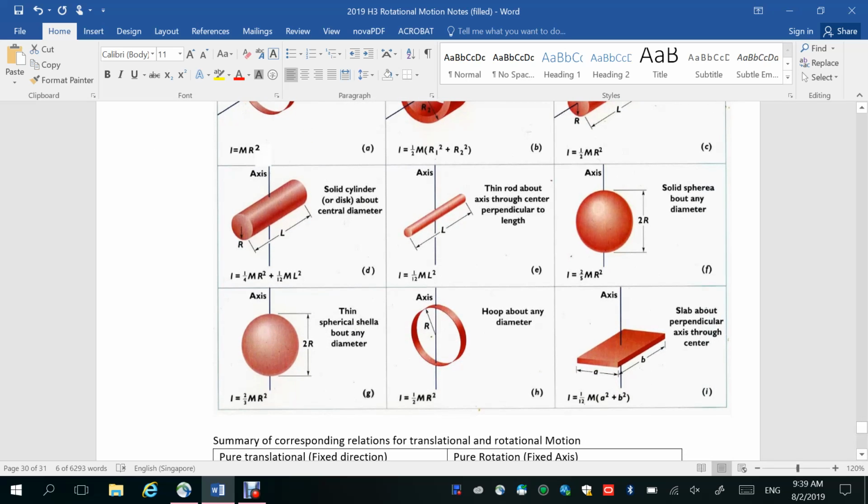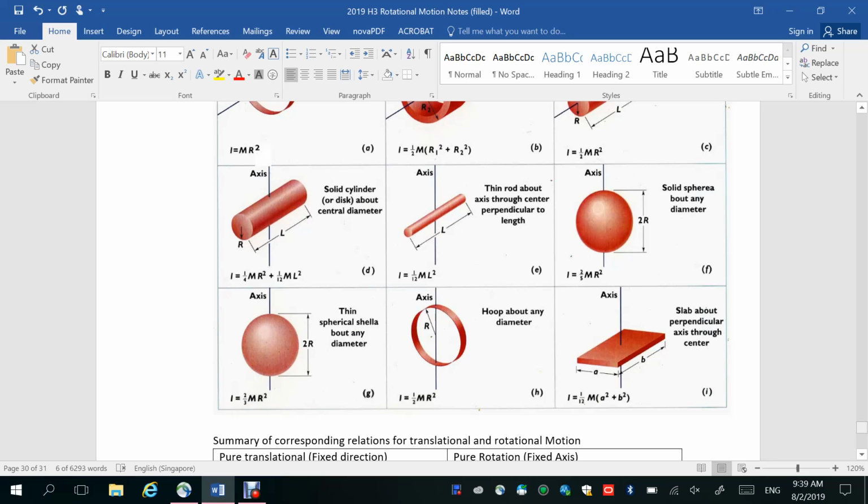Another sphere, but this one is a thin spherical shell about any diameter. Then this is a hollow sphere, not expected to derive. Then you have the hoop, followed by the cuboid, which is a slab. So for rotational inertia, you are only expected now to derive B, C, and E. The rest, you can just recall.